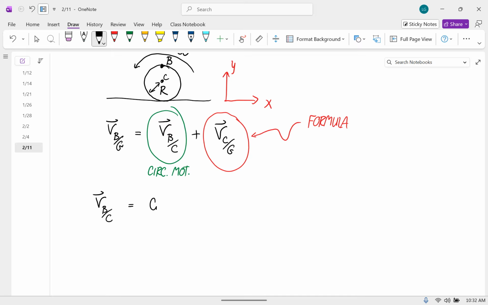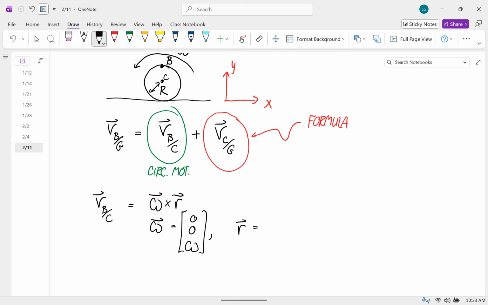So this is going to be omega cross R. Omega is equal to 0, 0, omega. The R vector is from the center of the circular motion to the point that we care about. So what's that R this time? Last time it was 0, negative R, 0.